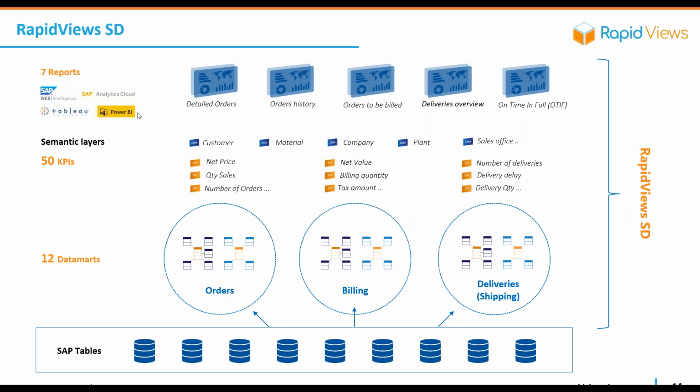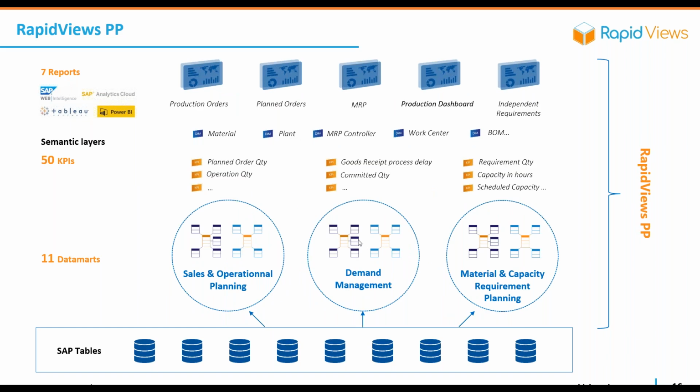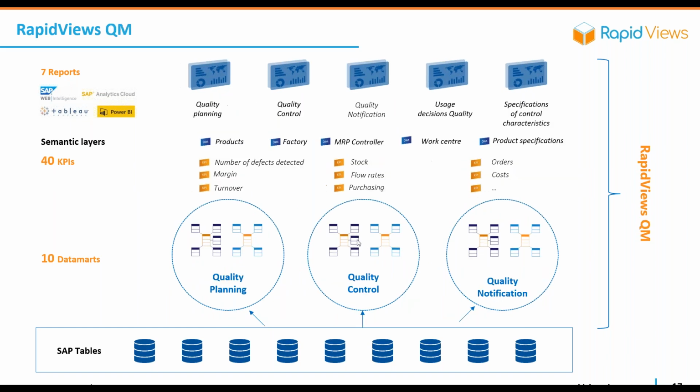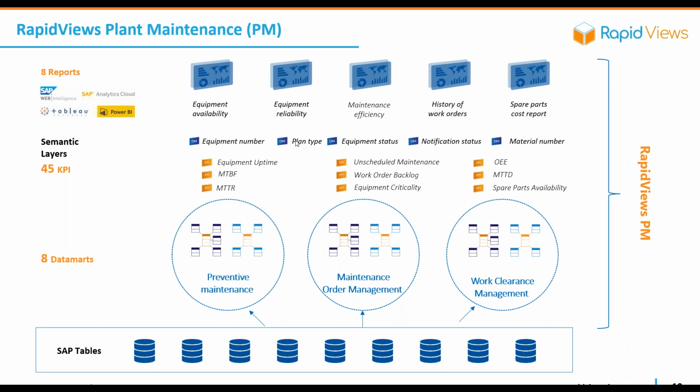We did it for sales and distribution, orders, billing, and deliveries, data mart, KPIs, and reports. We did it for material management, purchase order and inventory. Same for production planning, for quality management, and EWM, extended warehouse management, and we also did it for plant maintenance.